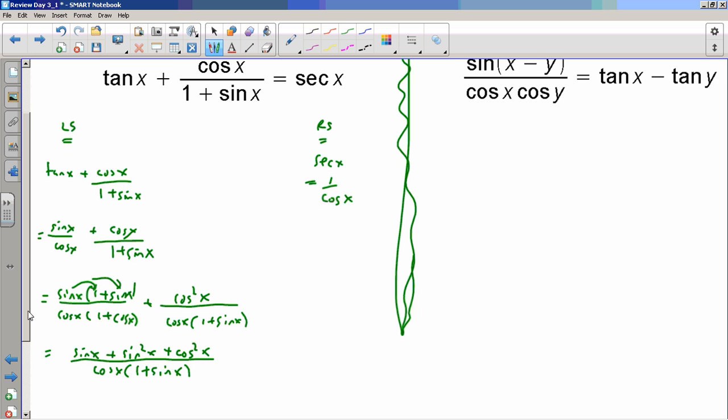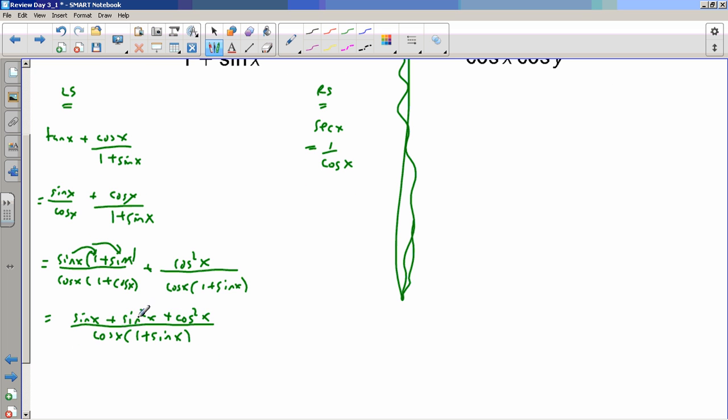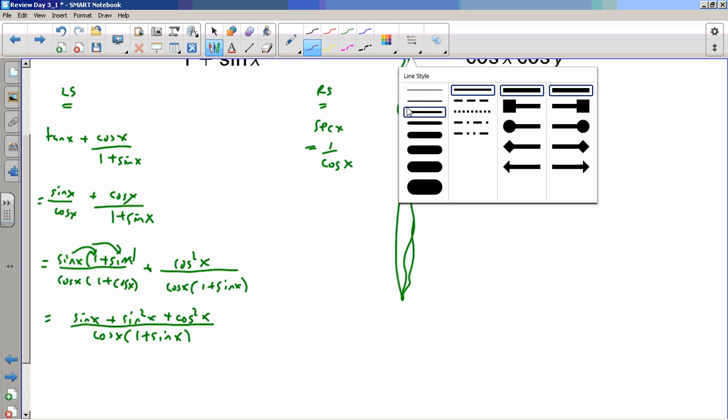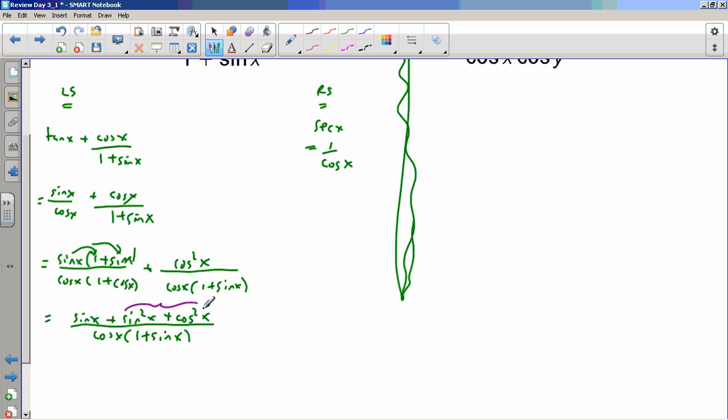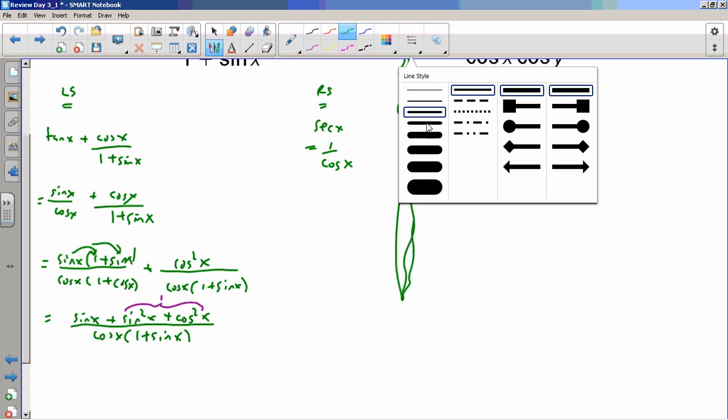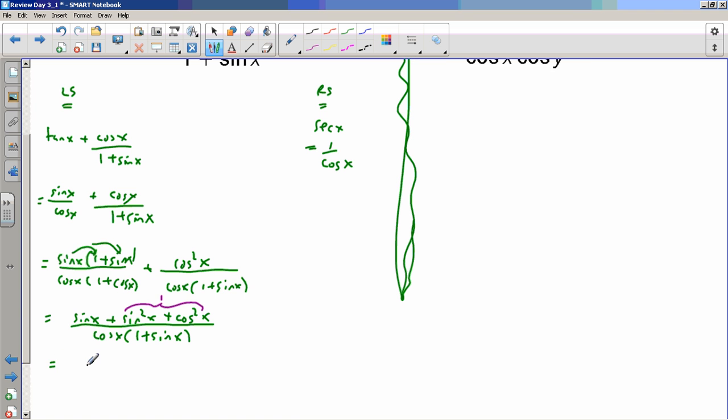What do I see? Well, sine squared x plus cos squared x. That's equal to 1, isn't it? This thing here is equal to 1. That's the Pythagorean identity. So I'm going to write then sine x plus 1 over cos x times 1 plus sine x.